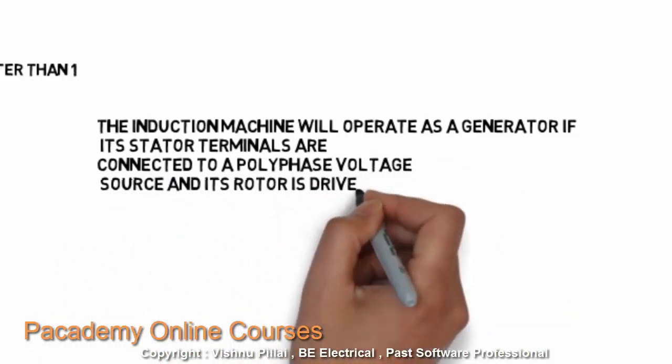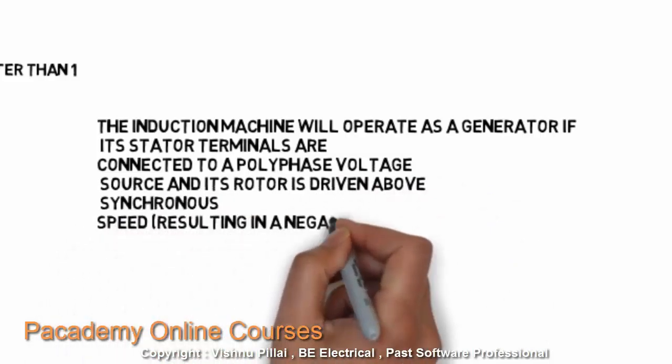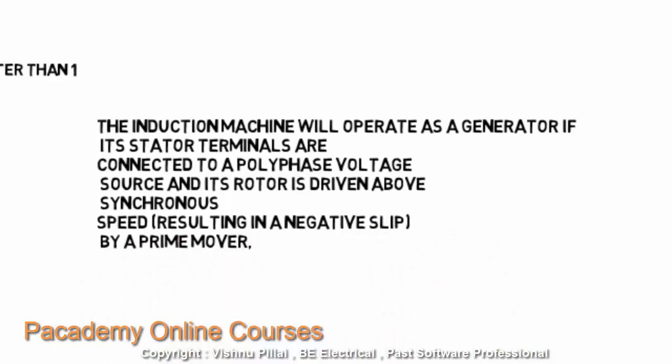If the rotor is driven above the synchronous speed by an external source such as a prime mover, then it will result in negative slip, as slip is the synchronous speed minus the speed of the motor, which is now above the synchronous speed, divided by the synchronous speed.